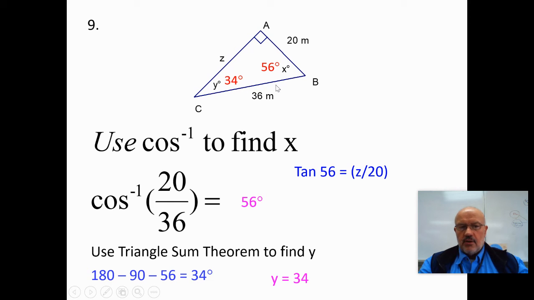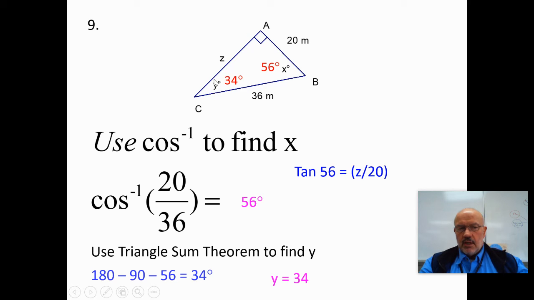Now, you don't have to do that if you don't want, but the tangent of 56 equals z over 20, right? So you could have used, instead, the cosine of 56 and then had 20 over 36. Or you could have used the 34 and used the tangent of 34 equals 20 over z, you got options.